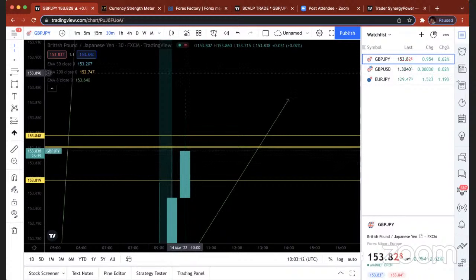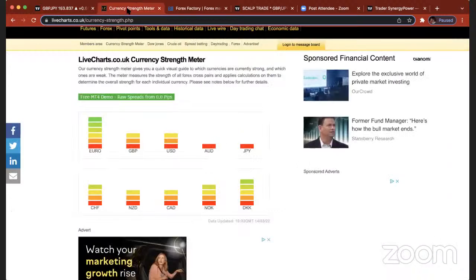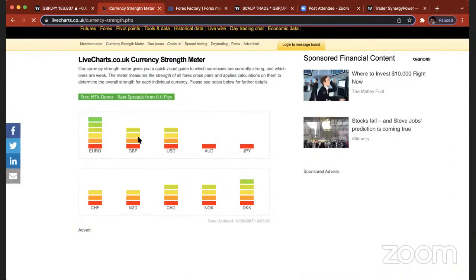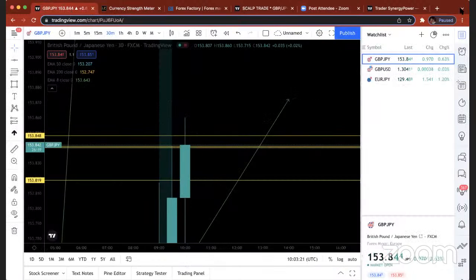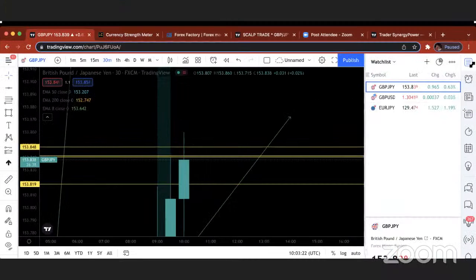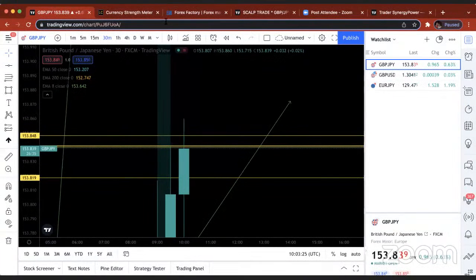Careful, do not enter just yet. The GBP's, oh, it's going up and JPY's going down. Okay. Careful with this re-entry. It's always risky to take re-entries.